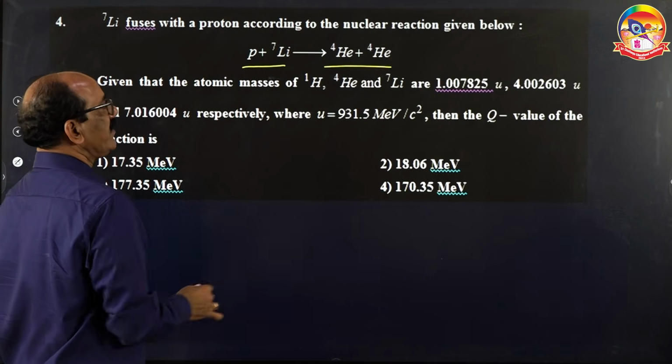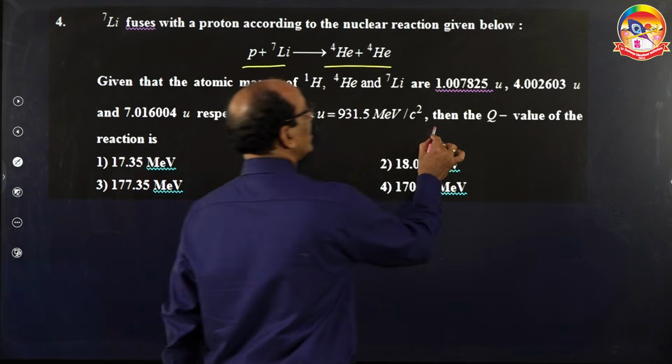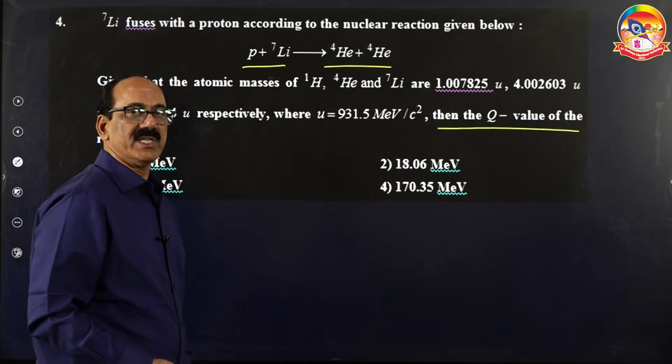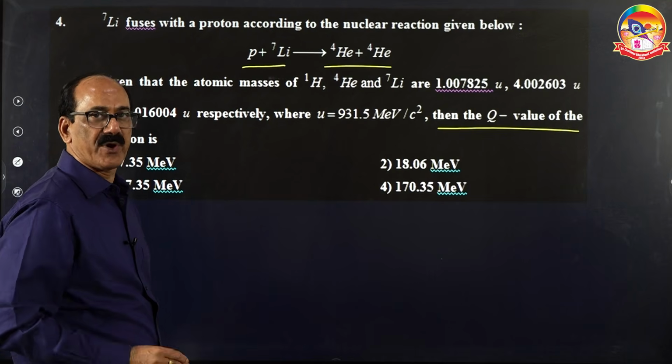In this kind of question, if you want to find the Q value, we have to look at the total mass of the reactants and total mass of the products.